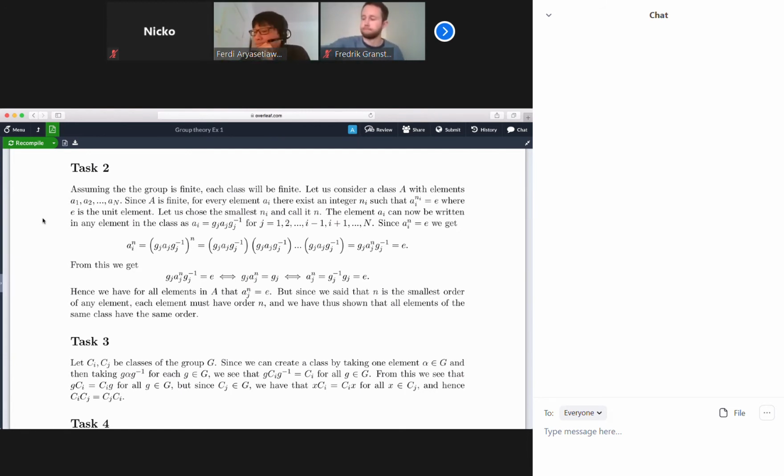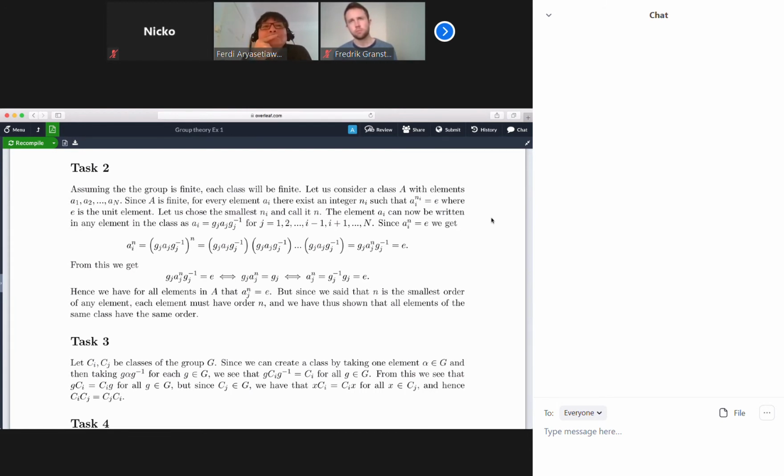So if the group is finite, then the class will be finite as well of that group. So if we have a class with some elements and we know that we have a finite number of elements, then for each element there will be an existing integer where that element to the power of that integer will be the unit element, because otherwise the class would not be finite.